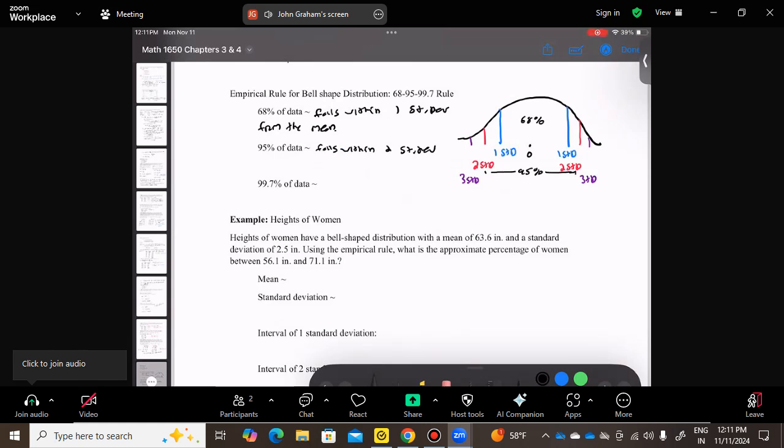And 99.7% of the data falls within 3 standard deviations from the mean. Okay. Now it's important to know this is considered what's ideal, and there is going to be some variation away from this, but this is what we would expect an ideal normal distribution to look like.